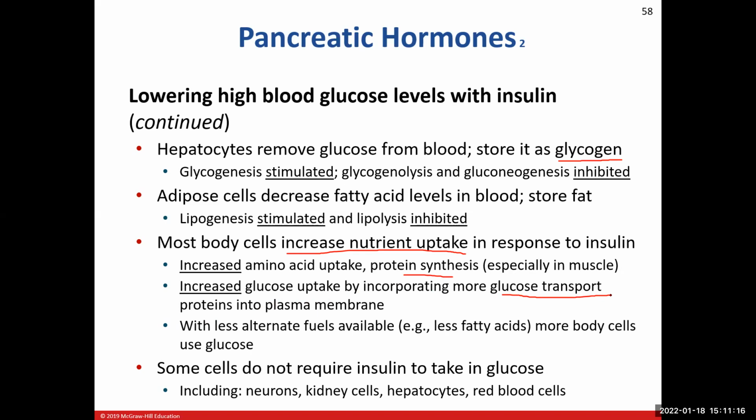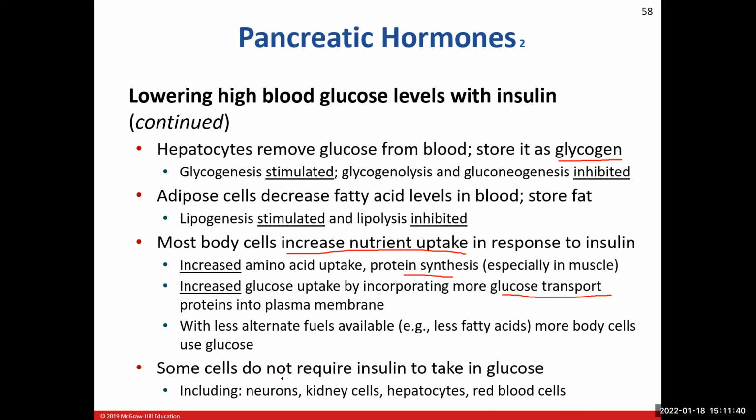We call that facilitated diffusion, and that's what we're going to see. As long as there's more glucose outside the cell than inside the cell, and those transport proteins are there, it's going to shuttle glucose into the cell, which the cell loves.